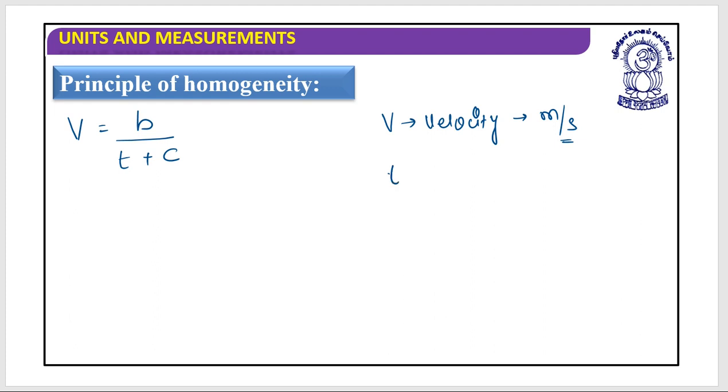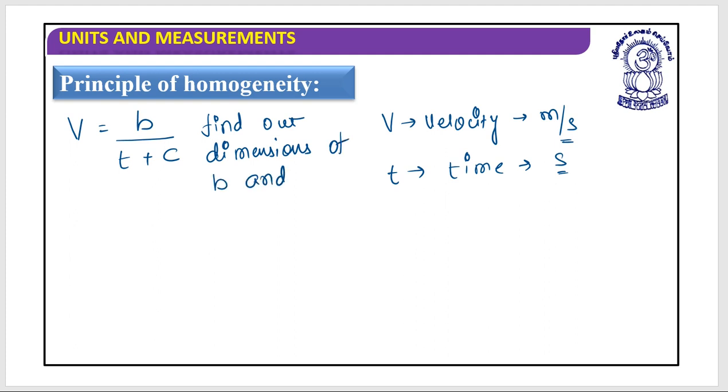We know t is time, so its unit would be second, and you can write its dimensions. Now I need to find out the dimensions of b and c.